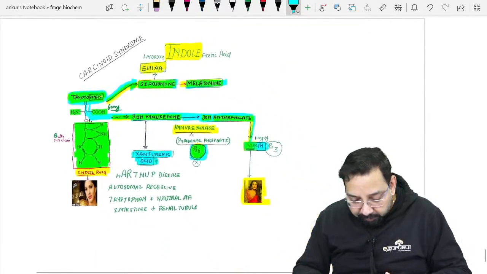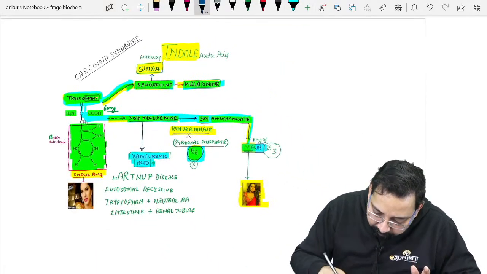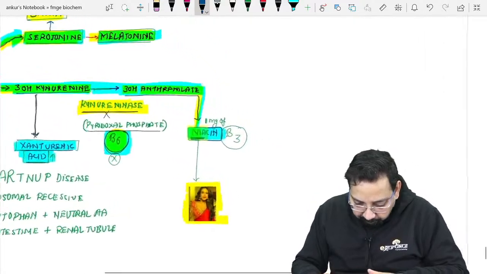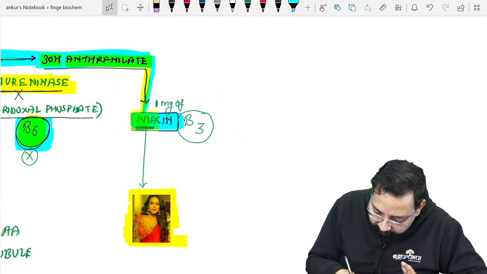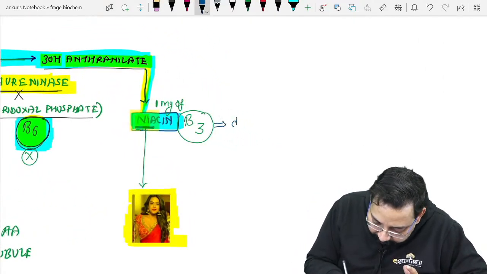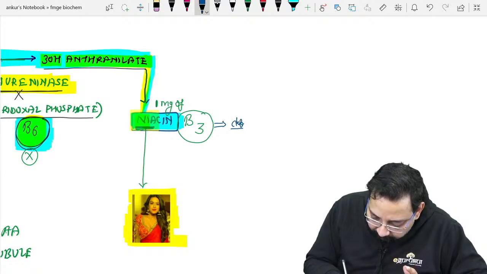So now we can say niacin deficiency. Now you will say niacin deficiency leads to pellagra.